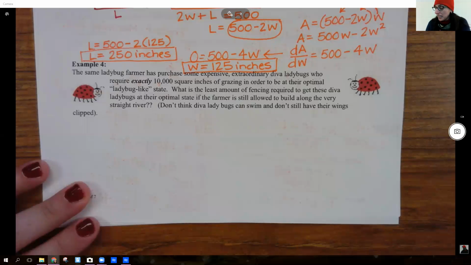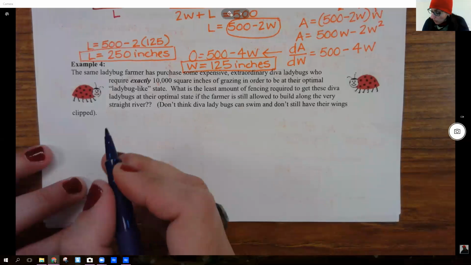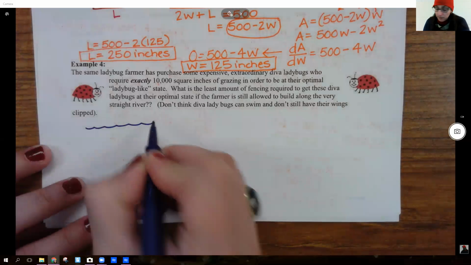What is the least amount of fencing required to get these diva ladybugs at their optimal state if the farmer is still allowed to build along the very straight river. Don't think diva ladybugs can swim and don't still have their wings clipped. Okay? So we're still along the river.